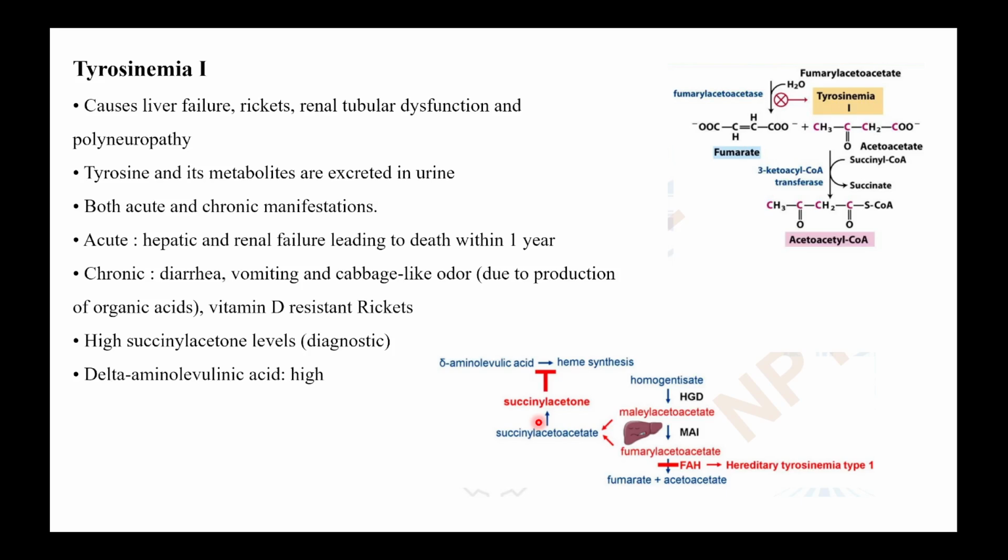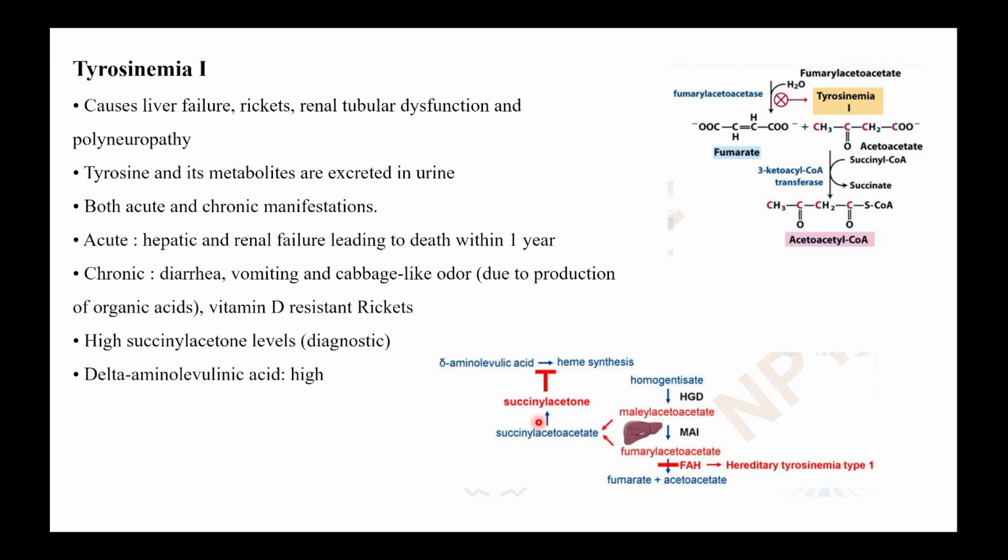And succinyl acetone has the property of inhibiting the delta aminolevulinic acid metabolism, which is involved in heme synthesis. So when we read about heme synthesis, heme metabolism, at that time we will see this delta aminolevulinic acid, and its metabolism is inhibited by succinyl acetone.